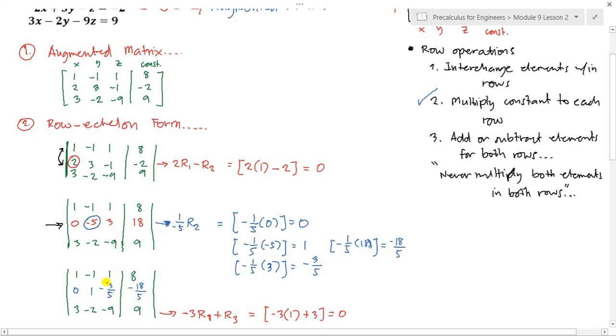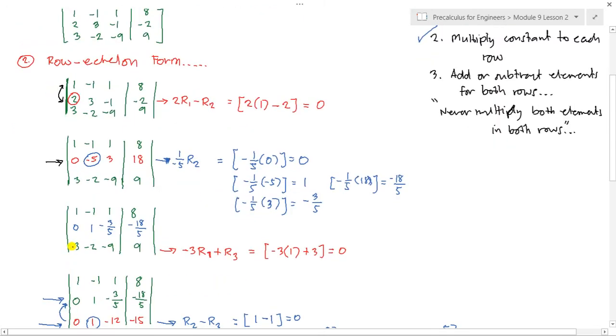Ikatulo, here, para ma-0 pod ni si 3, di ba? Kung mag-0 ta sa first column in every row, always base gid nimo siya sa first nga row. Mao ni ang gigamit nga technique. Here, naa tay 3 ug 1.